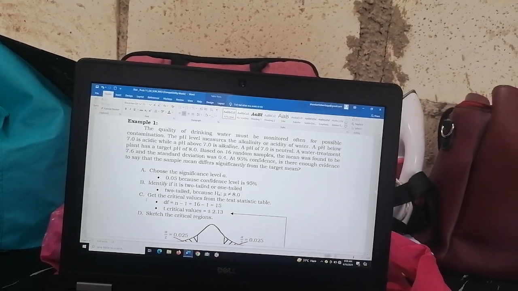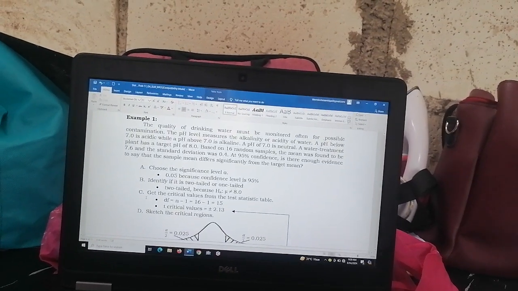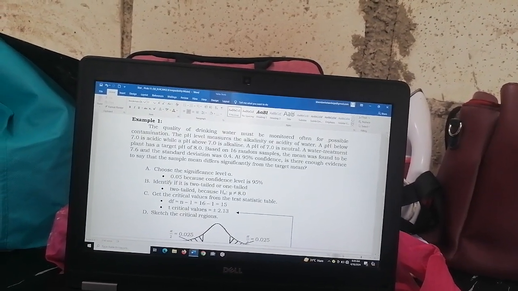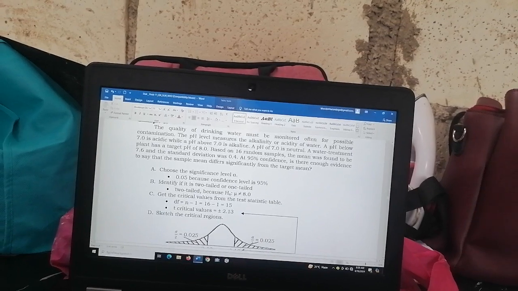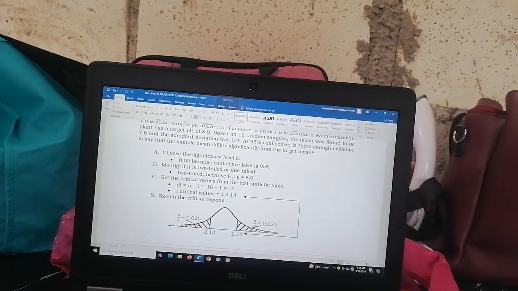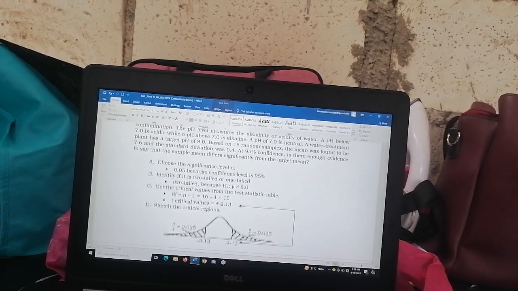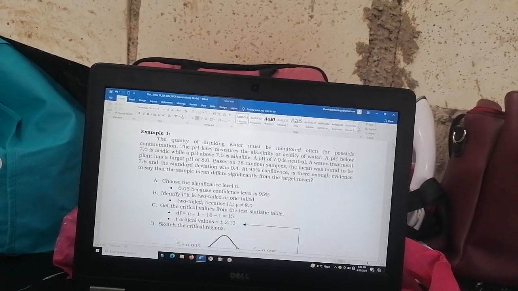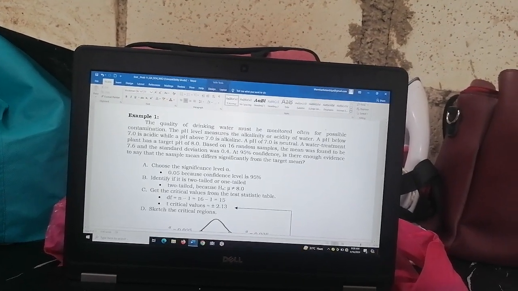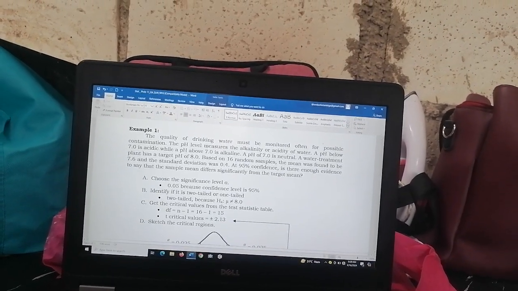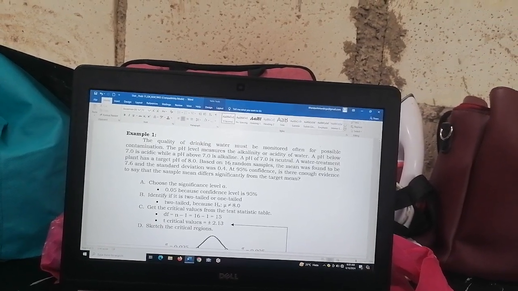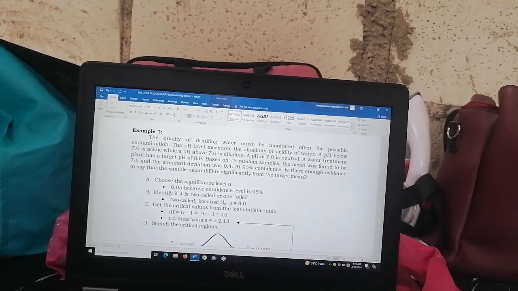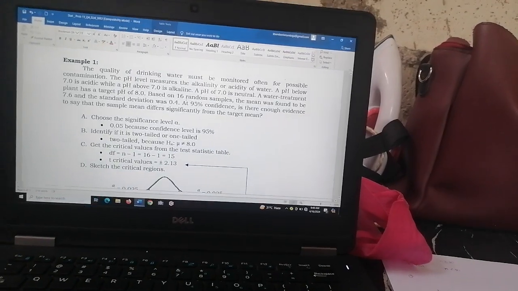So, letter C, get the critical values from the test statistic table. What is the sample size? The sample size is 16.